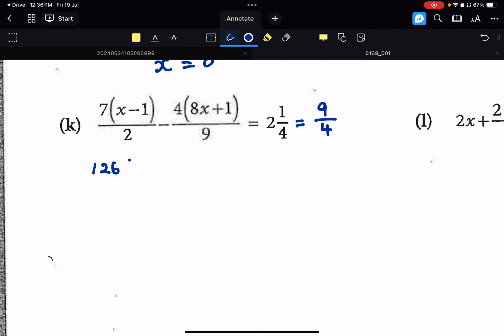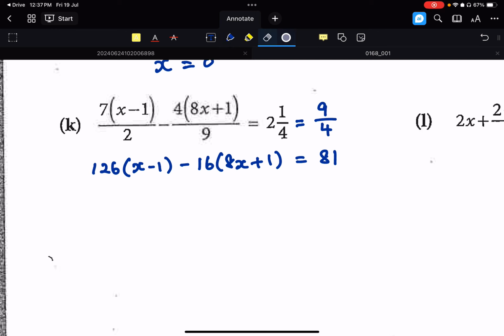So quite a large number. It's okay. 1 minus, on this one, you'll be times 4, so 16 times (8x plus 1), and then on this side it will equal 81. So this is what happens when I multiply by the LCM of the denominators, which is 36, throughout. So that's what we get.